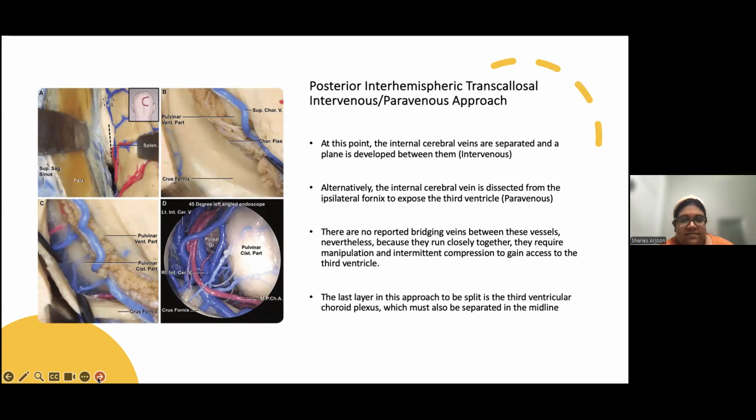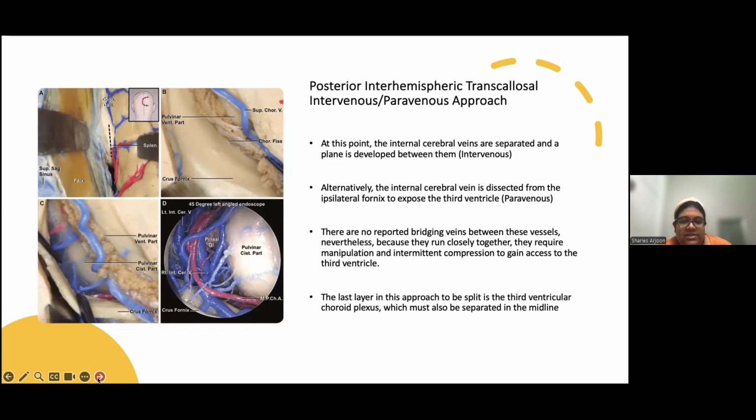This is intravenous. Alternatively, the internal cerebral vein is dissected from the ipsilateral fornix to expose the third ventricle, and this is paravenous. There are no reported bridging veins between these vessels.